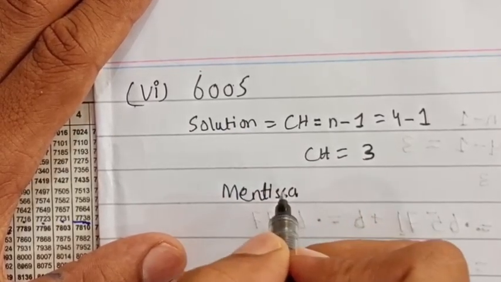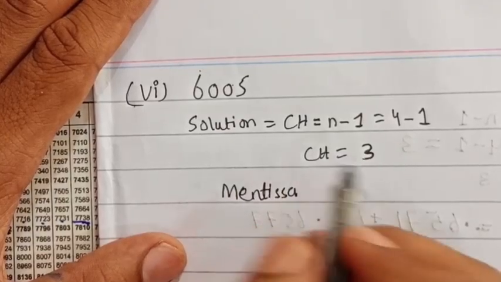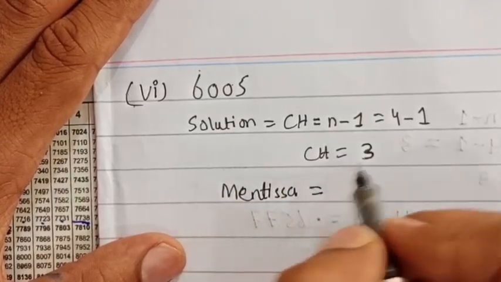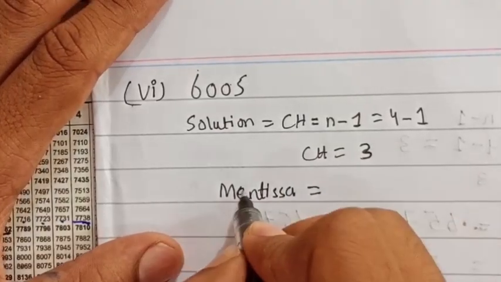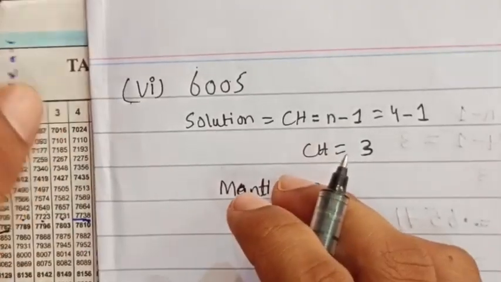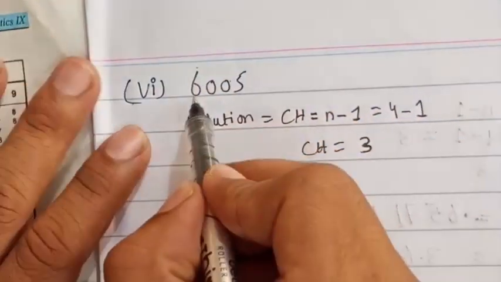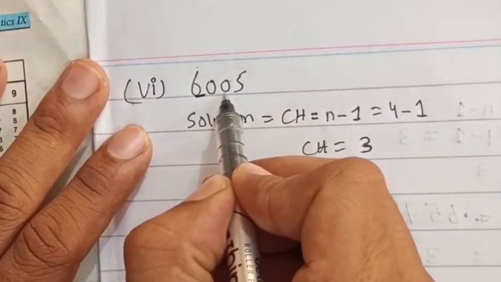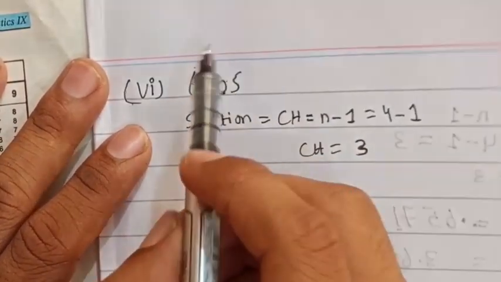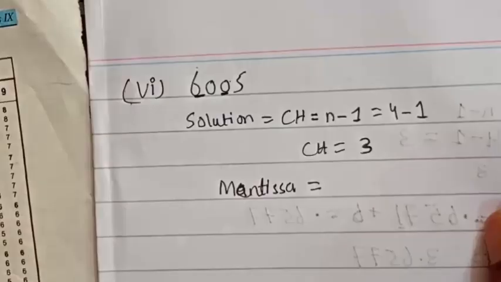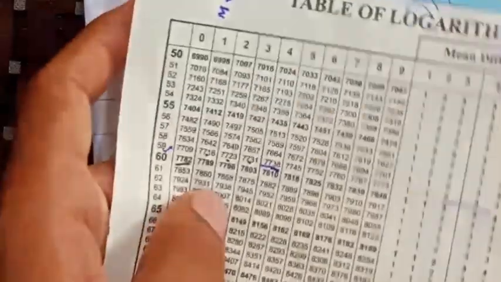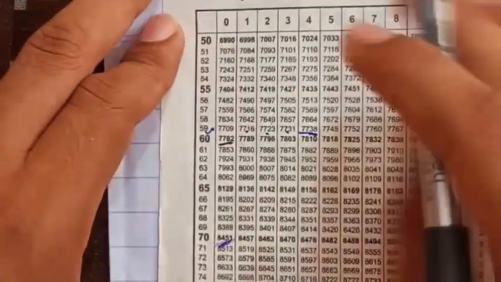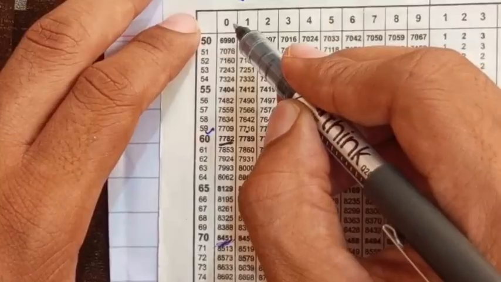So how will I check the mantissa? I will check the mantissa through the logarithmic table. So I'm supposed to check 60 in column 0. So what is the value of 60 in the 0 column? See here, it is a logarithmic table.